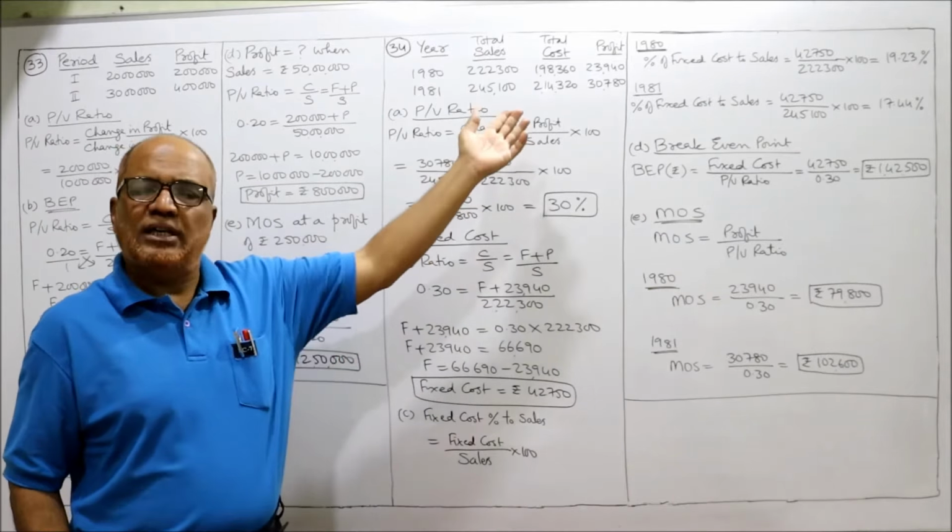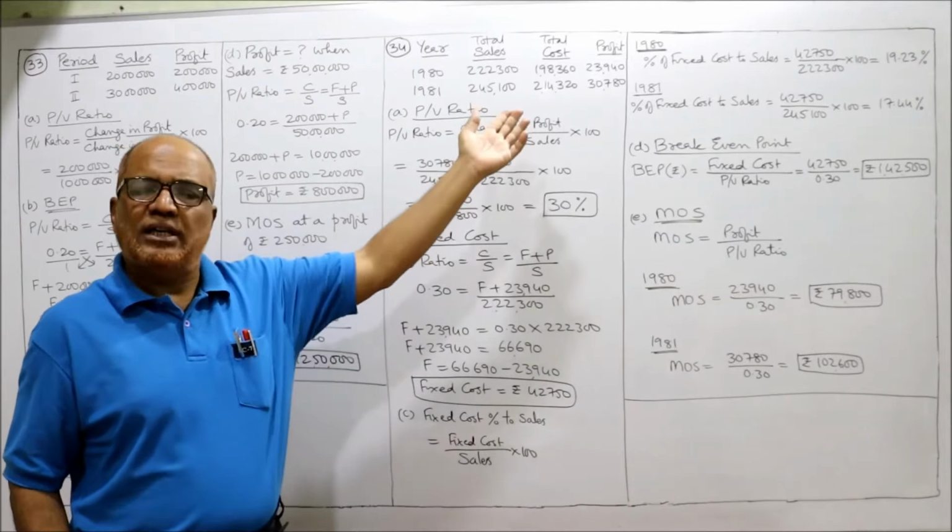What is the sales of the first year? 2,22,300. Now I am making a cross multiplication. F plus 23,940 is equal to 0.3 into 2,22,300. So F plus 23,940 is equal to 66,690. Now take this 23,940 to the RHS with minus. So fixed cost is 42,750.